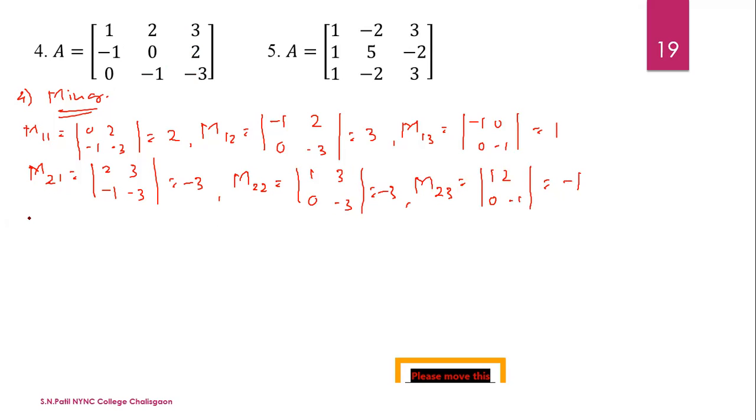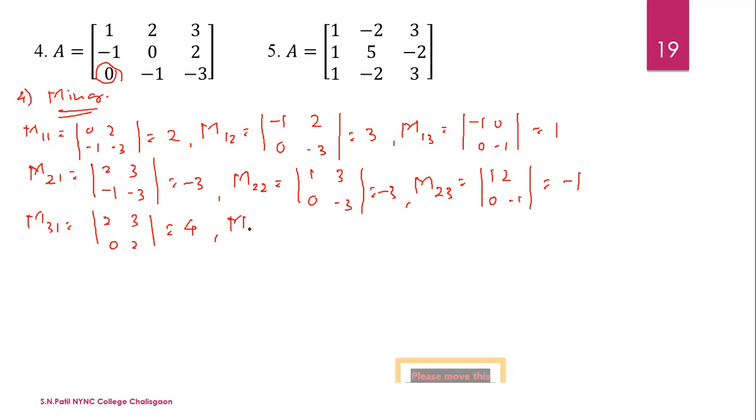Now last row, M31, deleting row and column, that is 2, 3, 0, 2, 2 into 2 is 4, and this cross multiplication is 0.